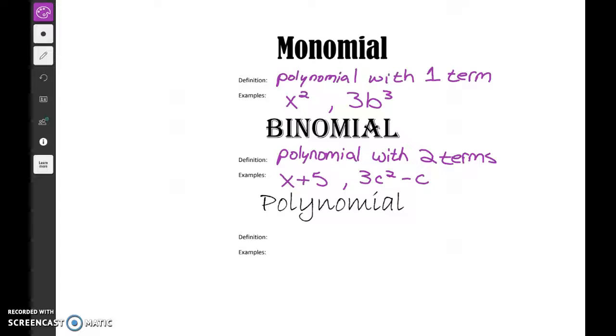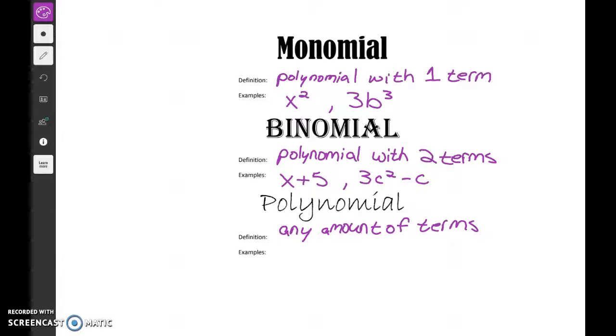A polynomial is any amount of terms. This means that it can have as many terms as it wants. 1, 2, 3, 4, 5 terms. It could continue going.